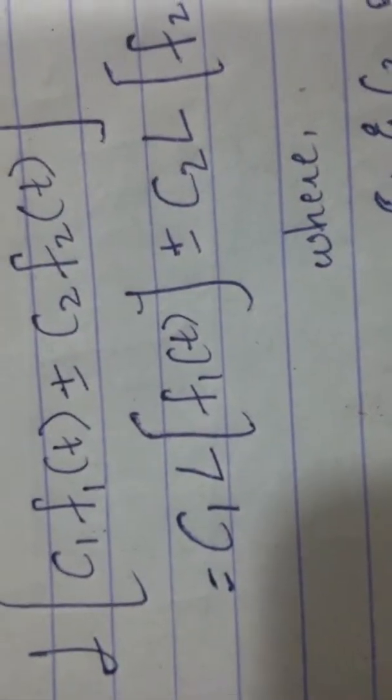The third one, L inverse of f bar of s is equal to f of t. The fourth one, L of c1 f1 of t plus or minus c2 f2 of t is equal to c1 L of f1 of t plus or minus c2 L of f2 of t, where c1 and c2 are constants. The fifth formula, Bernoulli's generalized rule: integral u v dt is equal to u integral v dt minus u dash double integral v dt dt plus u double dash triple integral v dt minus and so on.